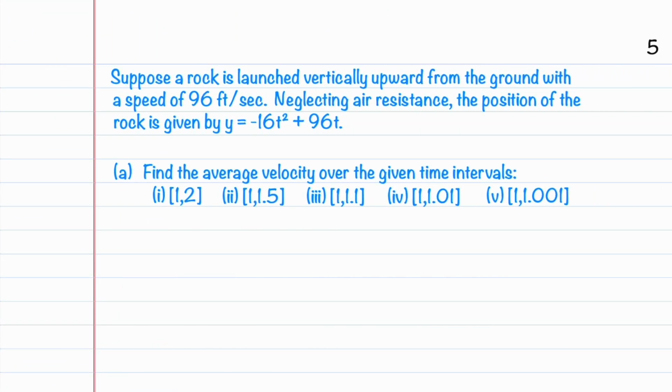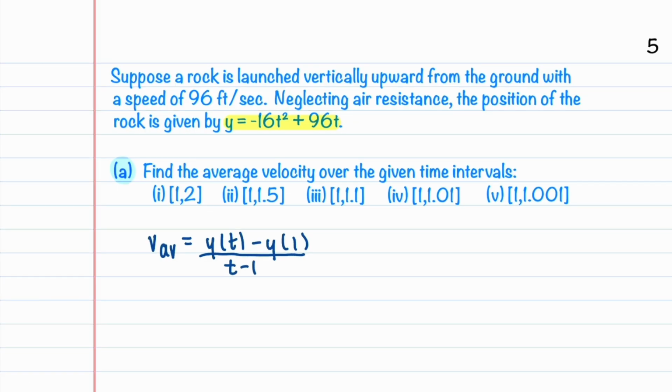Since we had to continue onto this page, I've rewritten the problem just to make things easier. Let's go ahead and highlight that this is what y is going to equal, because we're going to need that. We're going to start with part A. We've already talked about it, so we know what we're going to do. Let's just go ahead and now write down our formula that we had from the previous page. We found that the average velocity was y at t minus y at 1, all divided by t minus 1.